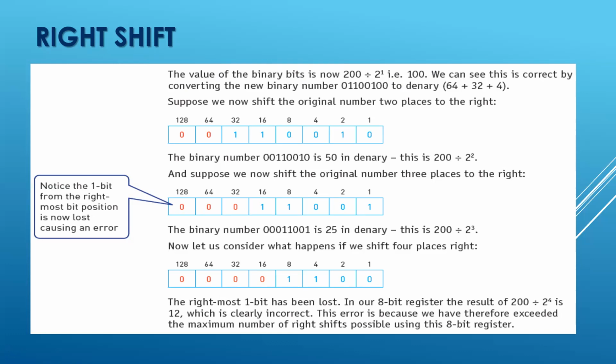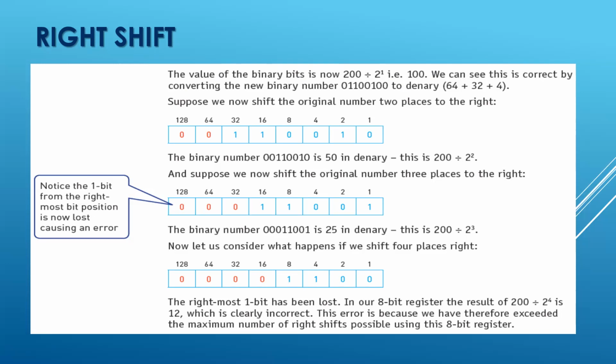Definitely, it's not 12. Actually, it is going to be something different. So it means that this bit is lost. And in this case, our answer is completely incorrect because it has exceeded the maximum number of shifts which are possible. So you can see for yourself, there's a limit to the number of shifts that can happen, either left-hand side or the right-hand side. Again, please remember this, okay?